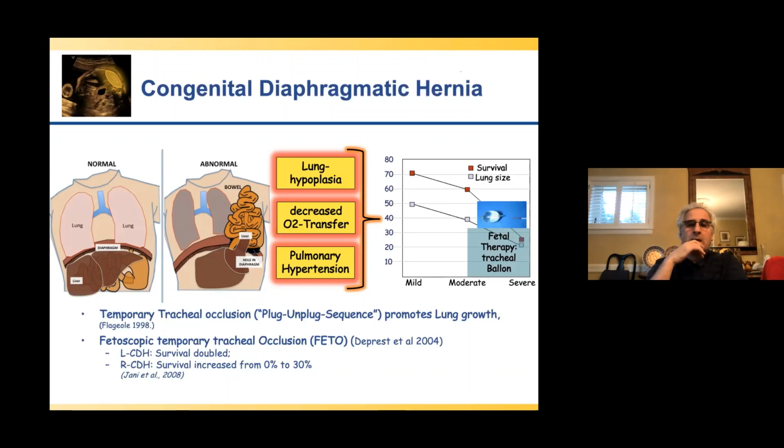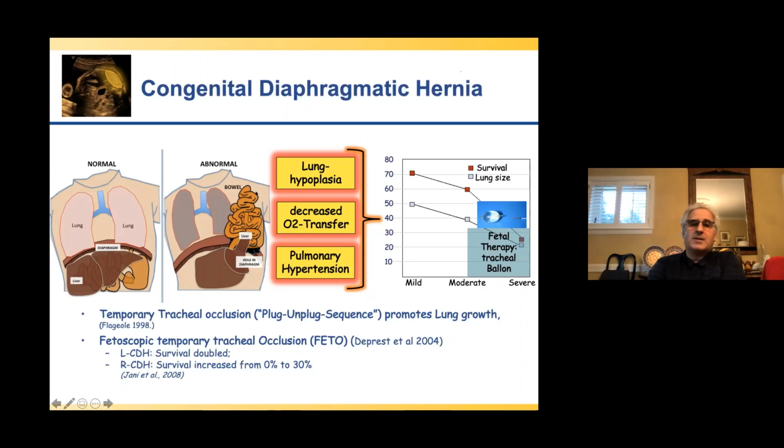So the basis of fetal treatment is based on the observation that if you block the trachea for a period of time, the lung fluid cannot escape, and that builds up backwards pressure and reverses some of these damages to the lung that occur from compression.